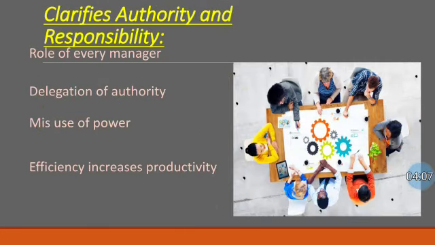To clarify authority and responsibility. Here first we'll try to understand the meaning of authority and responsibility. So students, authority gives the manager power to command his subordinates. It is one of the legal rights of top level managers.